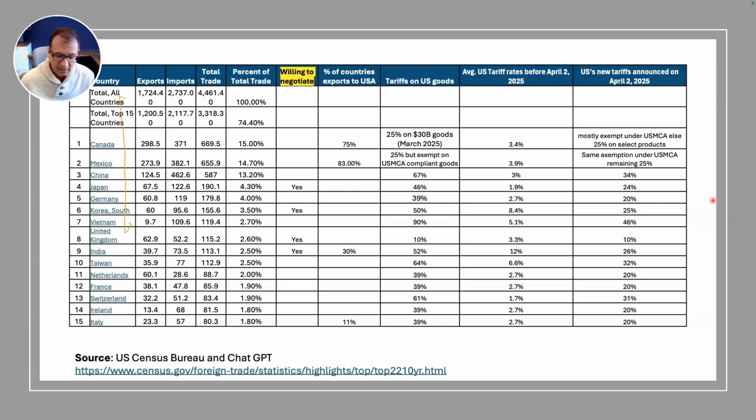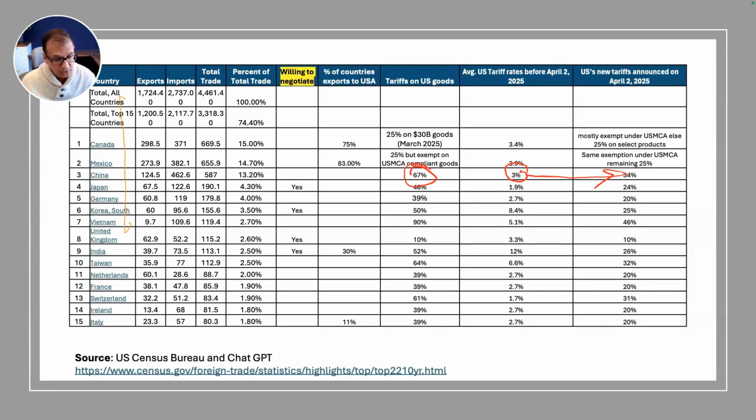Now, as I look at these numbers a little more carefully, here's what the US has done. The US is saying, yes, you charge us 67% tariff while we were only charging you 3, for instance, in the case of China. The US is saying that we're going to raise your tariff from 3% all the way to 34%. So he's come up with some math of his own, which basically says, what is a trade deficit?